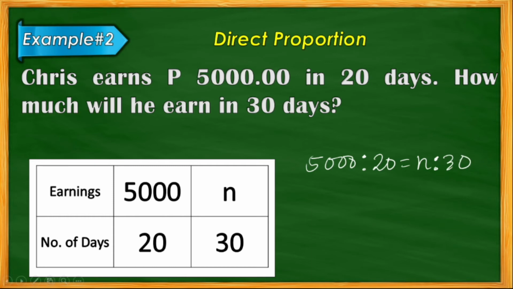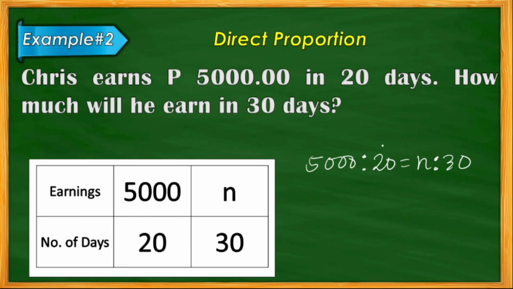So this would be the proportion. Now, let's find the value of n. This would be the earnings of 30 days.